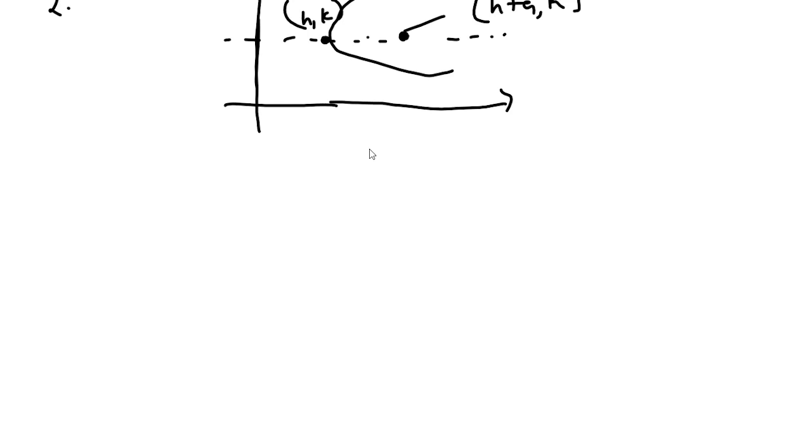So let's look at some simple things that we can use to work with this type of problem. For the translations, if a is greater than 0, it opens right. If a is less than 0, it opens left.